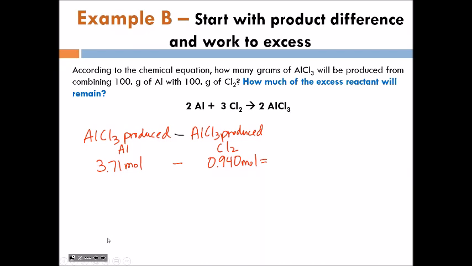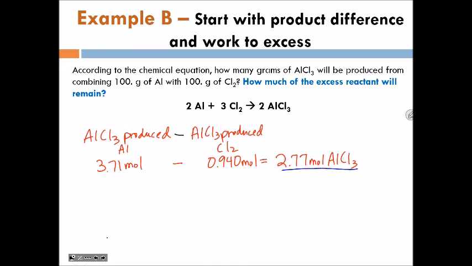So go ahead and subtract that. You do 3.71 minus 0.94, and we're going to end up with 2.77 moles of AlCl3. So you can subtract the product. Then this is what starts your T-chart.